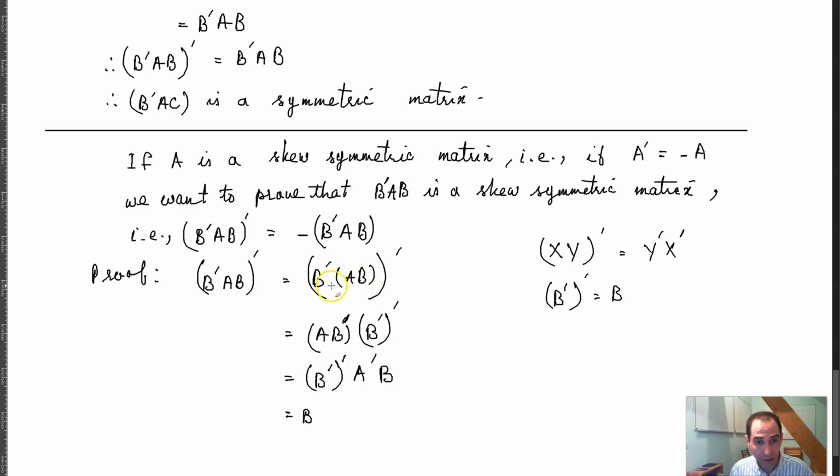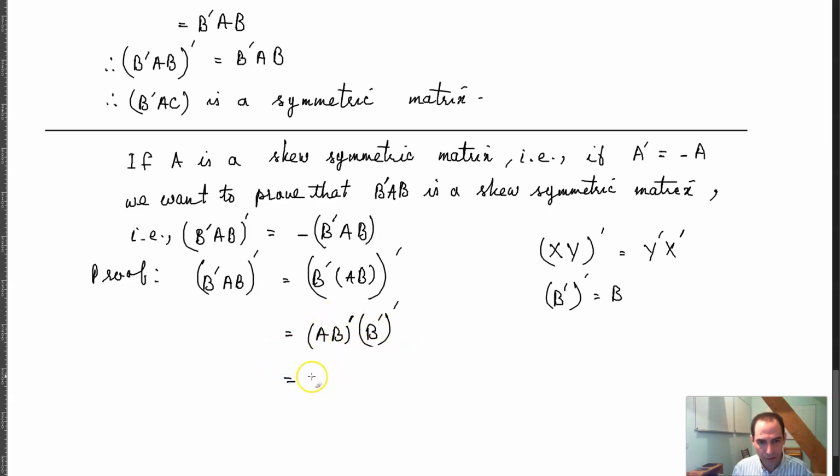I think I made a mistake here. So the LHS is (B prime AB) whole prime. And then I can write this as (AB) whole prime times (B prime) whole prime. And this is just to make sure that you're not making a mistake.